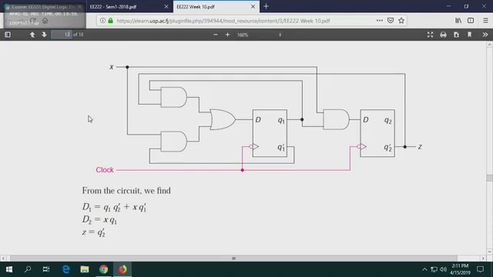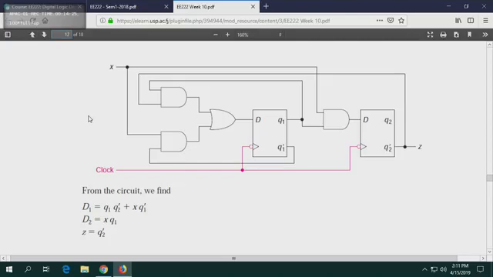Then the first flip-flop, the most significant, will store bit 0. The second flip-flop will store 0. The third flip-flop will store 0. The least significant flip-flop will store 1. So 0, 0, 0, 1 is 1. On the next clock pulse, the flip-flops will flip.